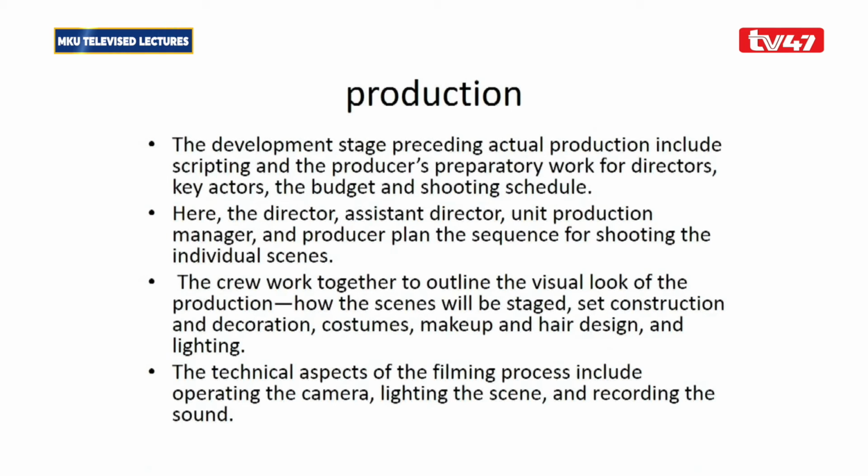So here the director, assistant director, unit production manager, and the producer plan the sequence for shooting the individual scenes. The production crew work together to outline the visual look of the production, how the scenes will be staged, set construction and decoration, costumes, makeup, hair design and lighting. So you'll have to make sure that all these things are in place before you start your shoot.